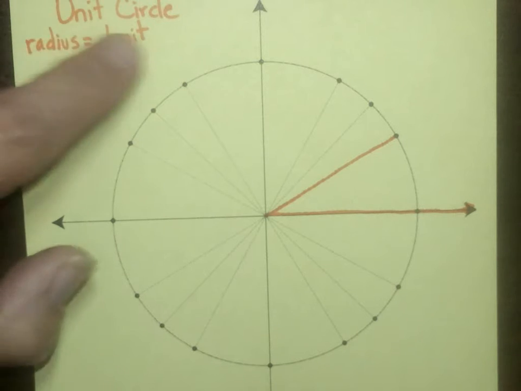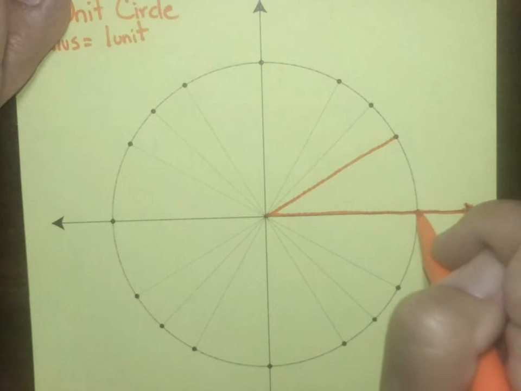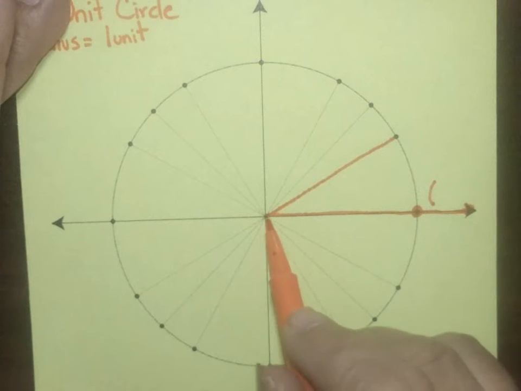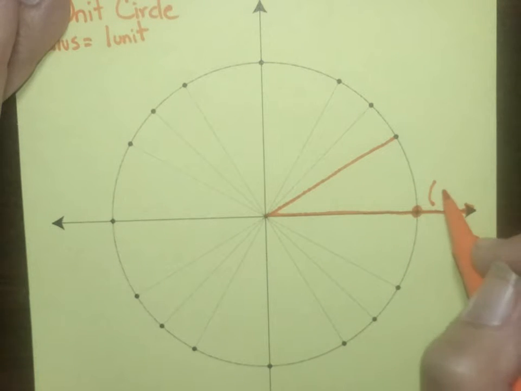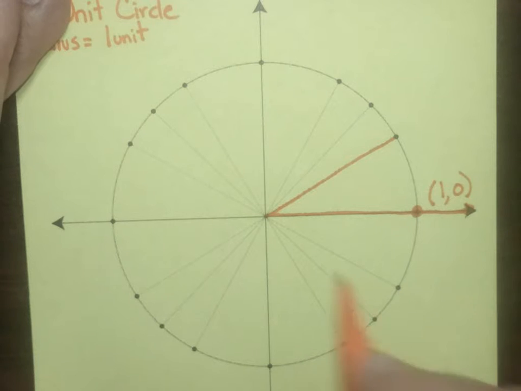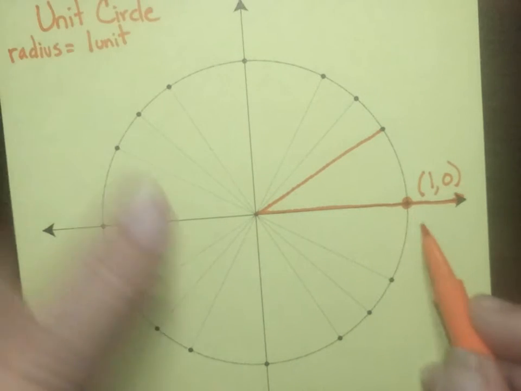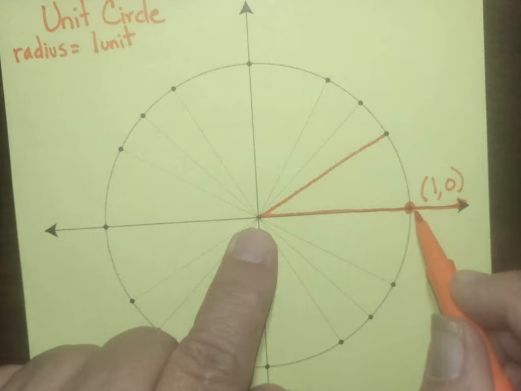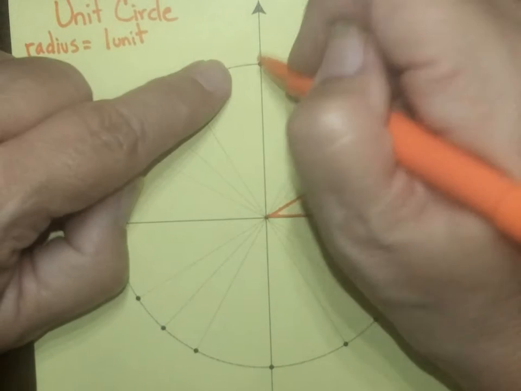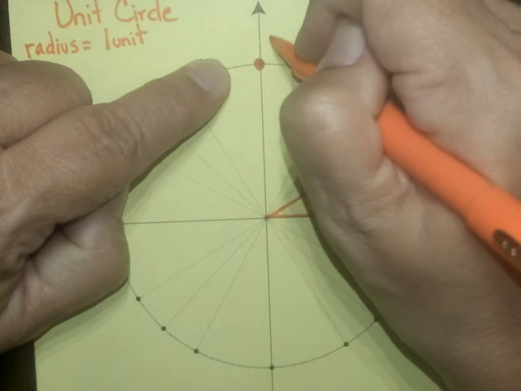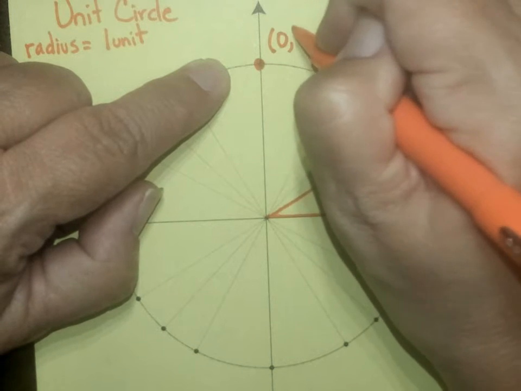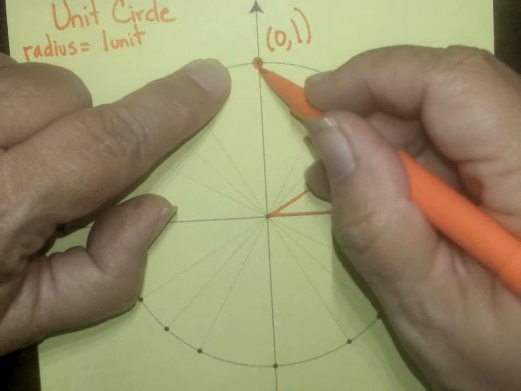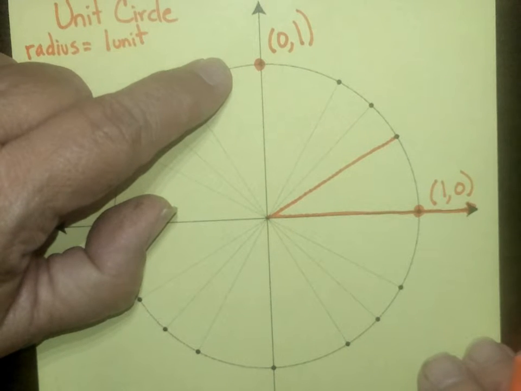If this is a unit circle and the radius is 1, this point right here would have the ordered pair 1 for x and 0 for y, because this portion right here is the radius of the circle, right? And then this point here would have the ordered pair 0, 1, because this line segment would be the radius of the circle also.